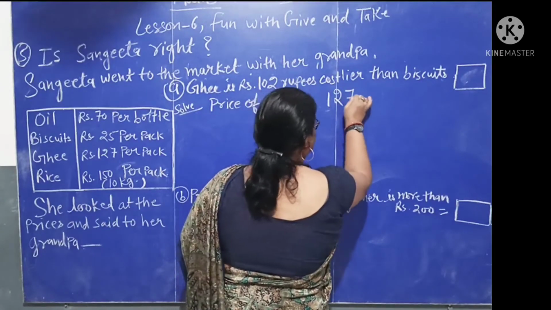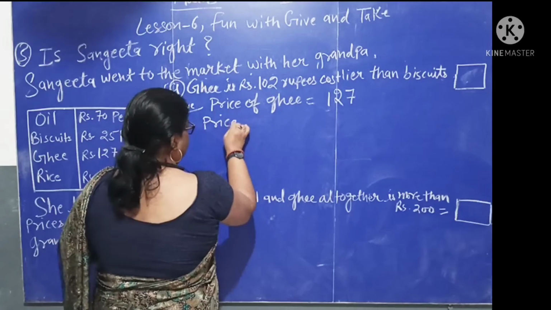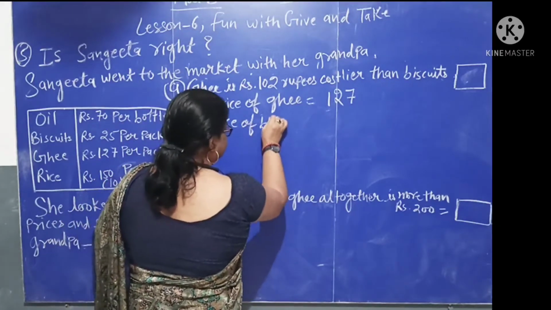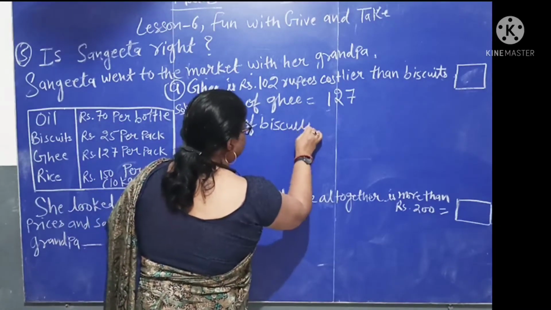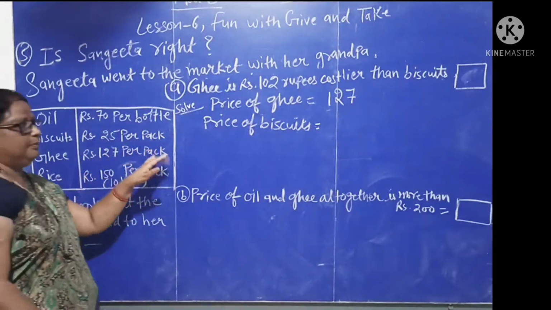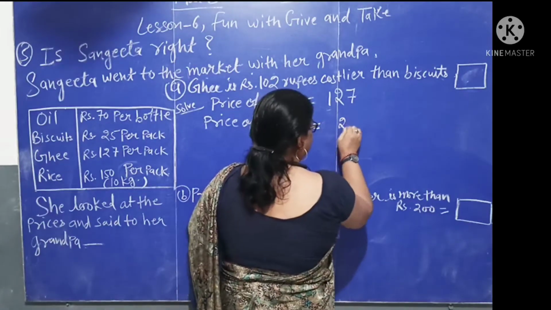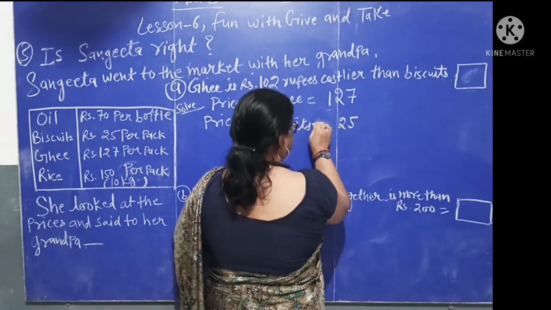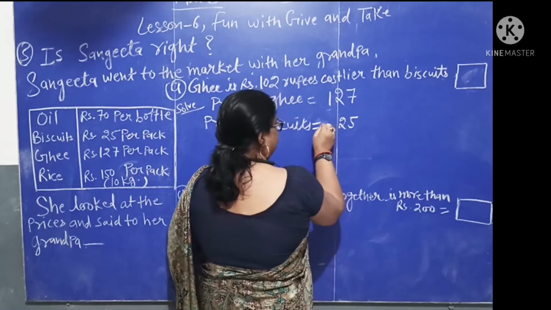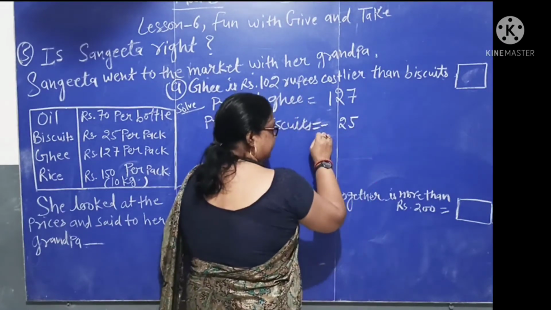And the price of biscuit? Rupees 25 per pack. So we will subtract the price of biscuit from the price of ghee.